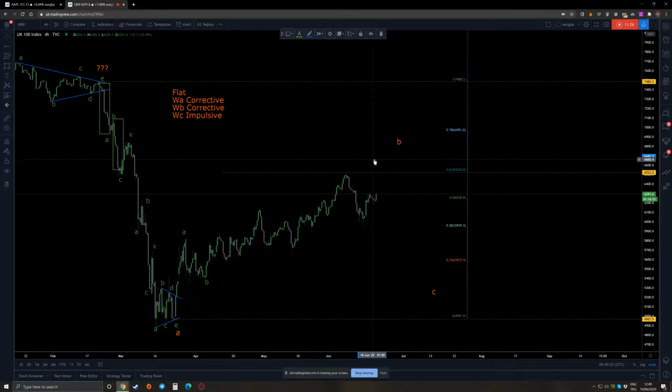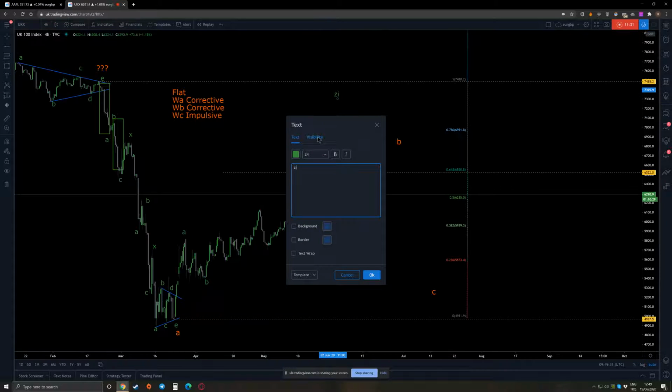Now, the C wave of a zigzag is an impulsive move. So look, now that we are trying this, we should write it like this. So zigzag. In a zigzag, we have a wave A that is impulsive, wave B that is corrective, and a wave C which is impulsive as well.